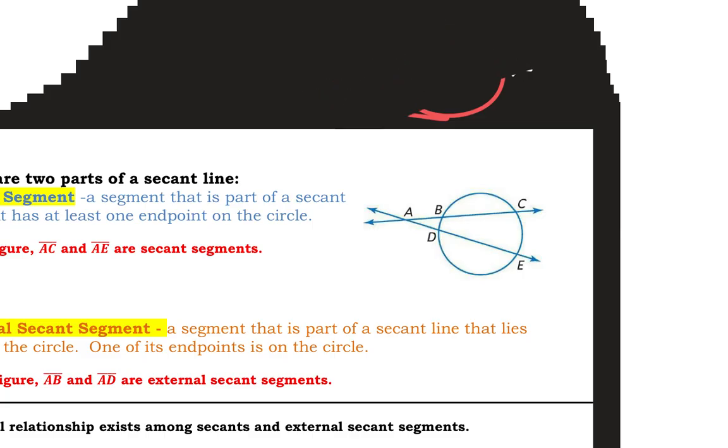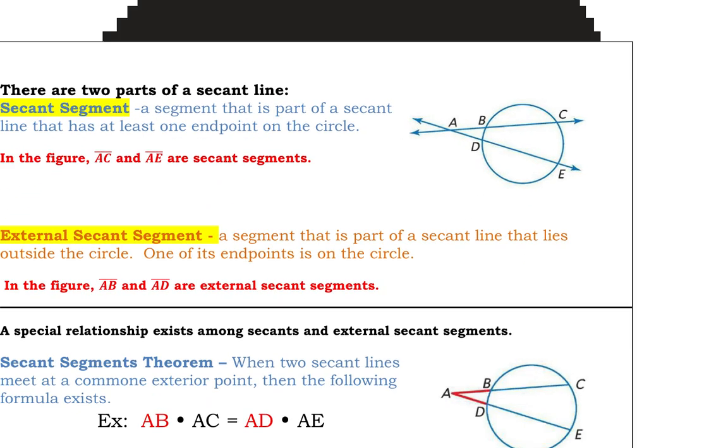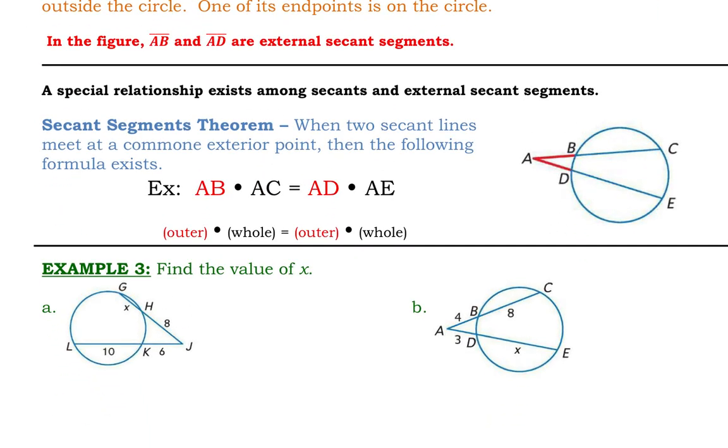This time, they're looking not at the angles but at the length of the segments. When you look at the length of the segments, you're going to look at the external secant, which is out here, and multiply it by the whole thing. So the formula says the outer times the whole. Again, it's the outer times the whole line. That's all it is. And then you just set them equal, multiply, and solve.